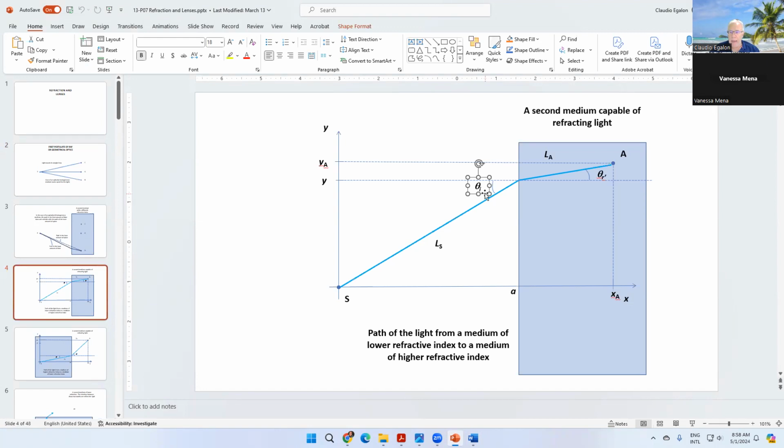Theta I is the angle of incidence, theta R prime is the angle of refraction, and the angle of refraction is measured with respect to the normal between the two media.